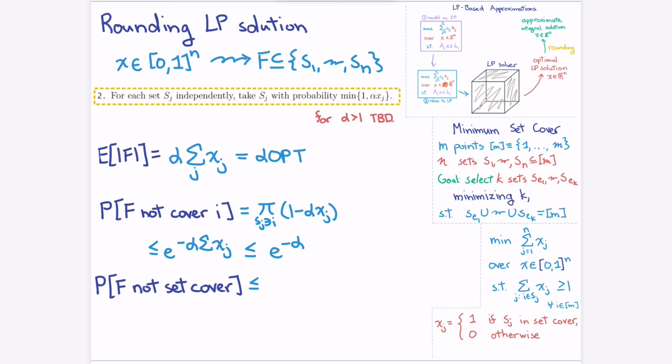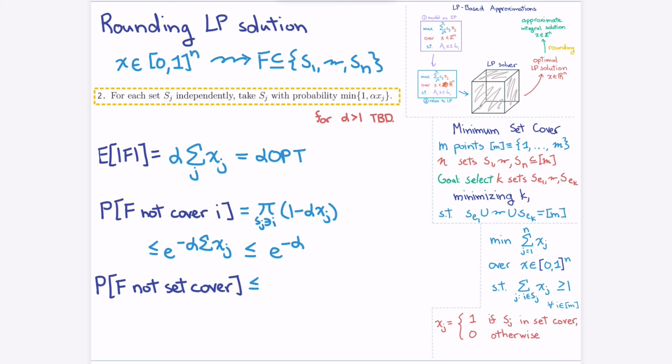So I know how to deal with 1 point. And in fact, I feel really good about 1 point. But now I'm trying to deal with all points simultaneously. So you have to be careful because these are not independent.